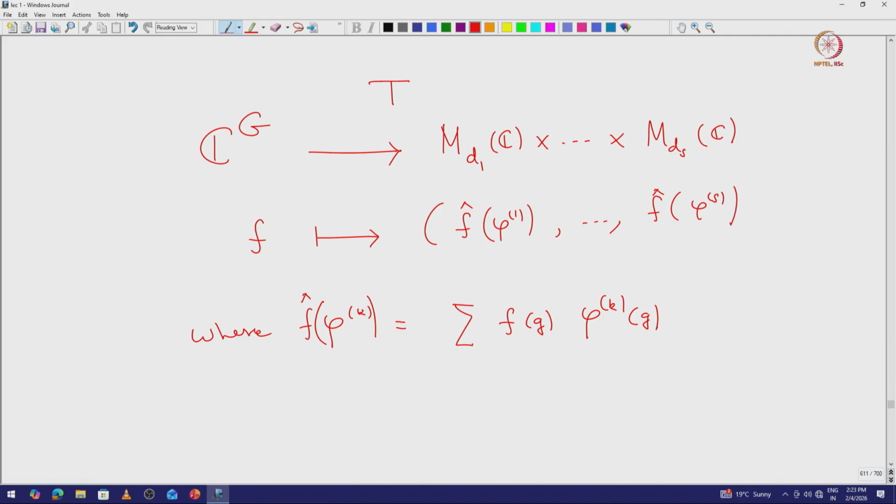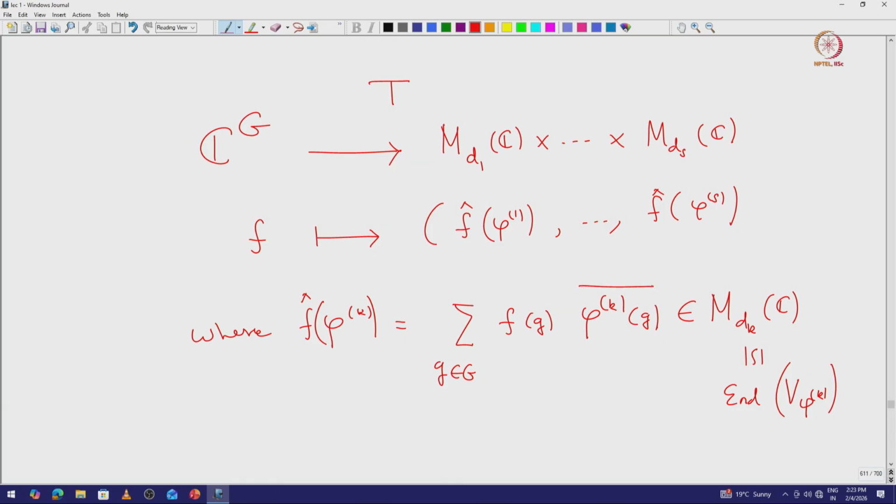This is the definition of the kth coordinate endomorphism map. Like I said, this is indeed living inside M_{d_k}(C). If you do not fix the basis, you can identify it with the endomorphism of V_{phi_k}. So, this is the map that we are talking about.